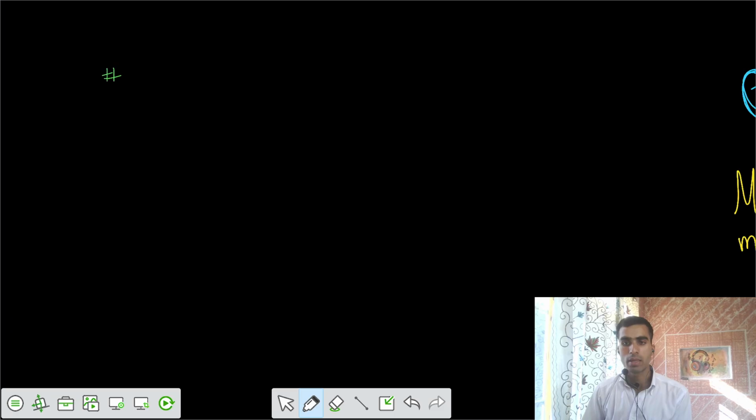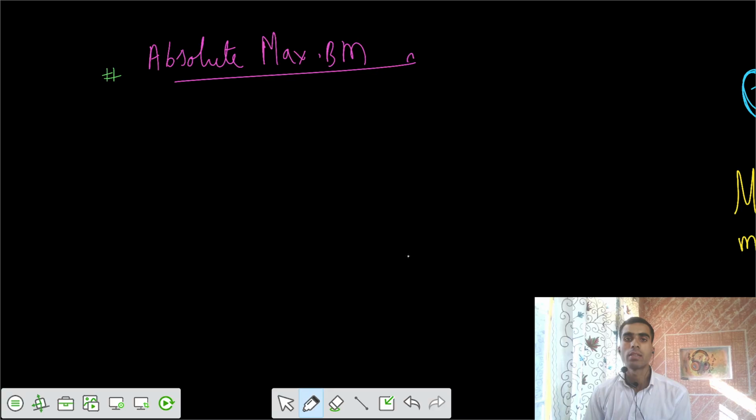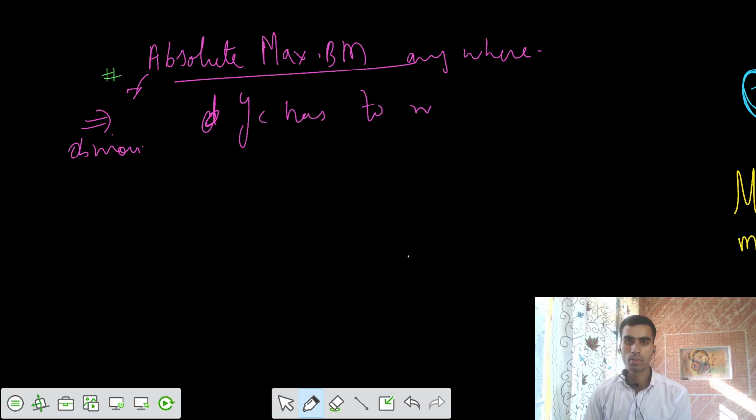So let's try the statement. I would write: absolute maximum bending moment anywhere. For that, the obvious condition is that your YC has to be maximum.